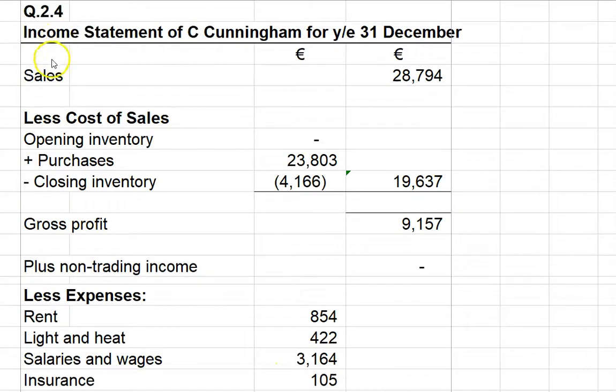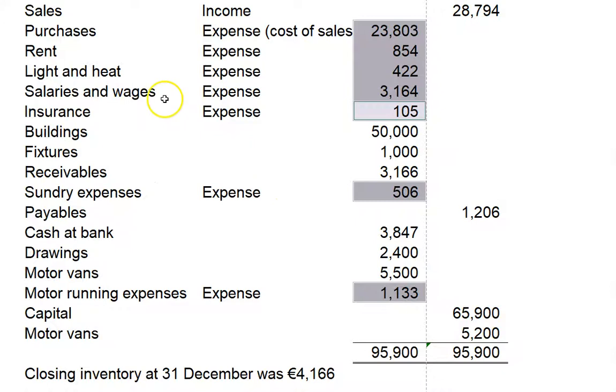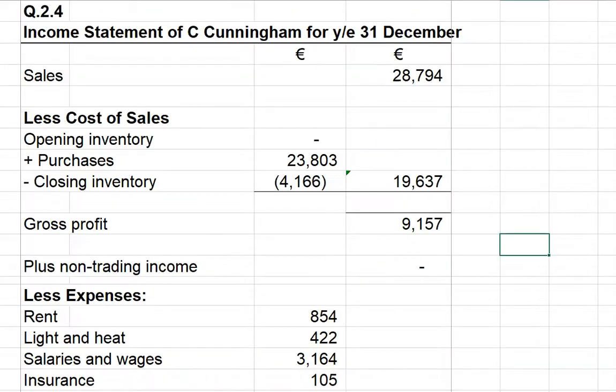So here's the income statement, starting with our sales account. If there are any sales returns, we'd reduce it for any sales returns. There are none. We have our purchases figure, which gets reduced for the closing inventory of 4,166. So our purchases really this year is only 19,637, which gives us a gross profit of 9,157.